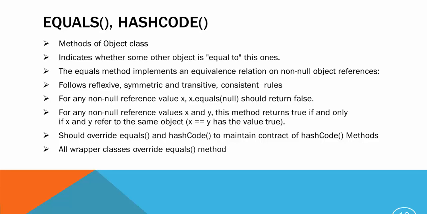So all the wrapper classes override equals and hash code in the way they want. When I'm creating a custom class and try to override equals and hash code, I can write my own logic for the equals and hash code.